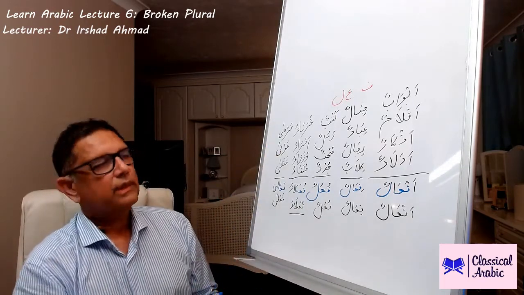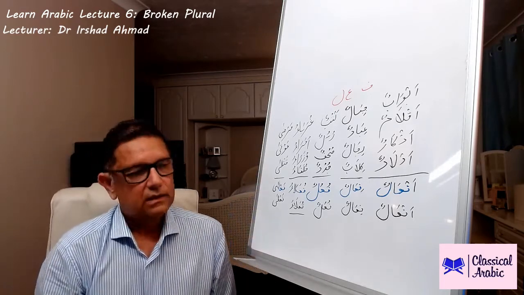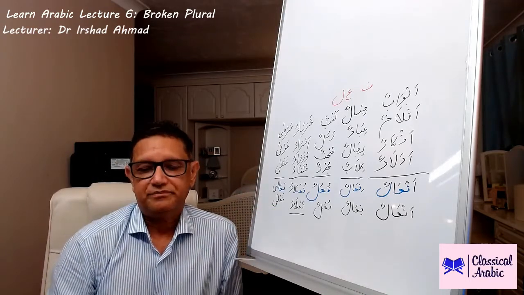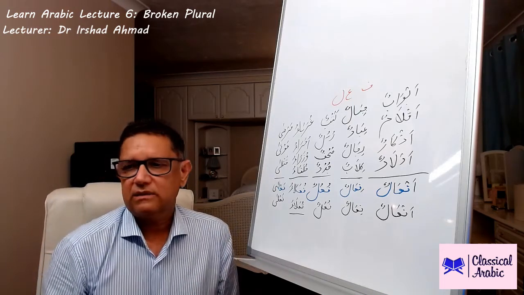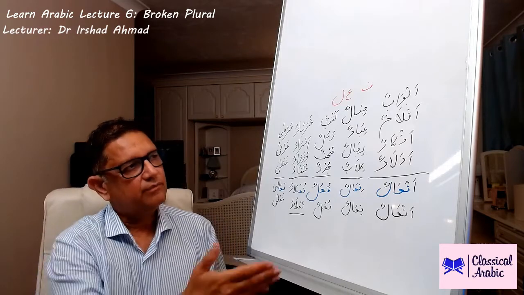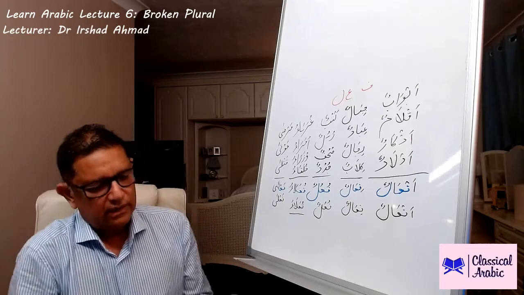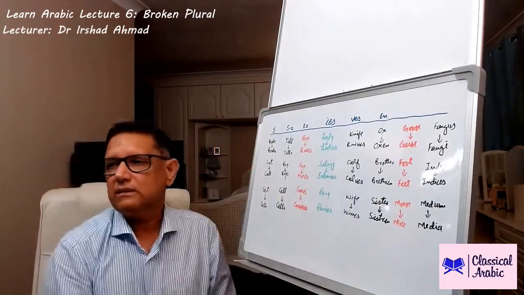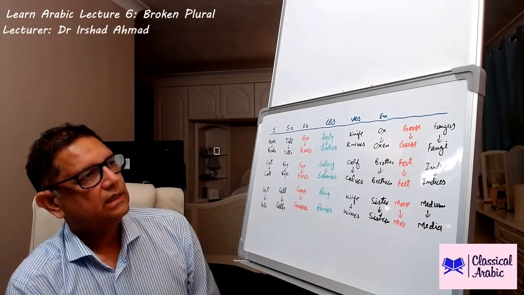For now, an important bit is to know that there are different patterns, and these are patterns of Jama Mukassar, and there are many more. So at this stage, some of us will say, oh, Arabic is really difficult, so many patterns of Jama Mukassar. But hello, look here. There are so many different patterns and variants of plurals in English.